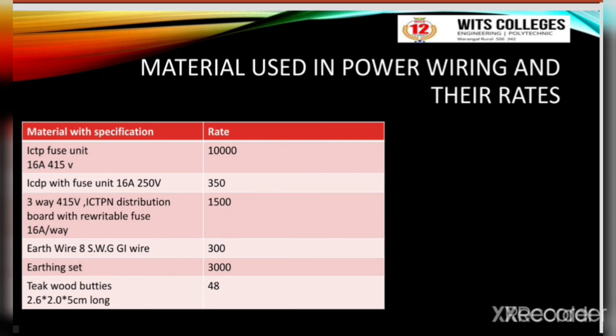If I consider teak wood gutties, for the dimension of about 25 into 2.2 into 5 centimeters long, the cost will be 48 rupees per dozen. The coal cost will be 50 rupees per kg, and salt will be 25 rupees per kg. So these are the materials which we require for the installation of the wiring.